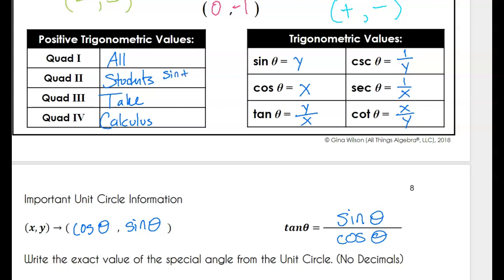Sine and its reciprocal cosecant are positive in quadrant 2. T stands for tangent, so in quadrant 3, tangent and its reciprocal cotangent are positive. And in quadrant 4, calculus starts with a C, so cosine and its reciprocal secant are positive.